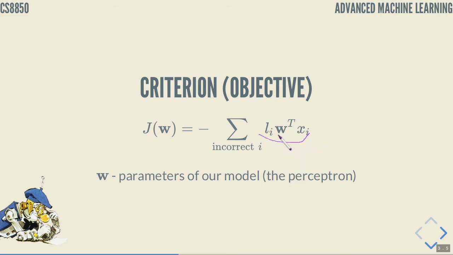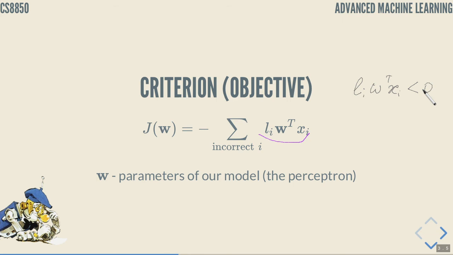Notice it's the distance of the point. Well, assume the W is unnormalized. Let's call it the unnormalized distance of a point to the hyperplane, multiplied by the label. And we only consider incorrectly classified samples. Incorrectly classified samples will be those for which this value is less than 0, right?